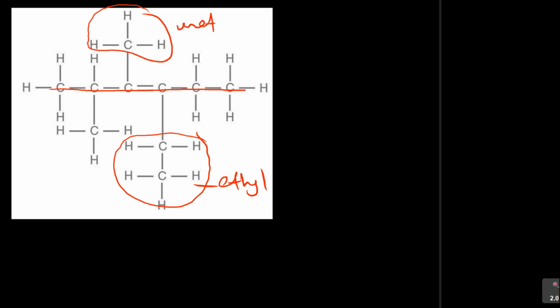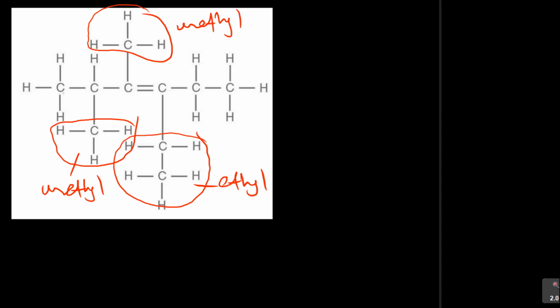Are you with me? If I go straight, since there are two carbons after this one, it will be the same. This becomes my ethyl group, and then this one becomes my methyl, and this one also becomes my methyl. These are my branches. Now look at the numbering, where the double bond carbon is.